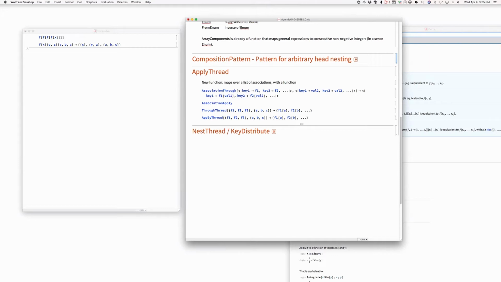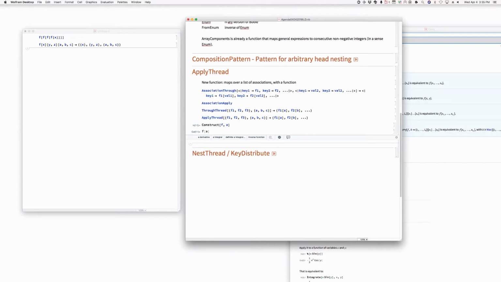And do we like that name? Well, to me, this is not our apply. It's more like construct. This is a threading. We can easily build this using map thread and construct. Okay, so construct would do that. So what are you claiming?